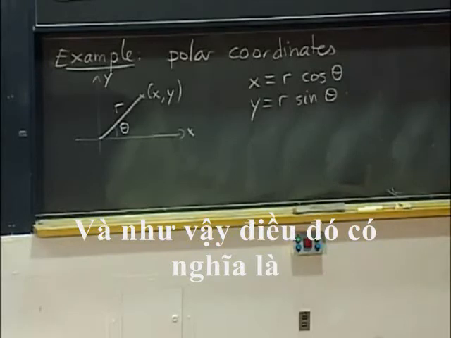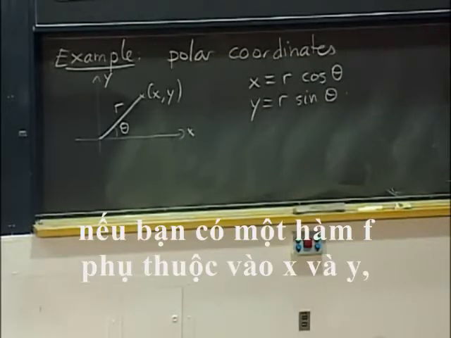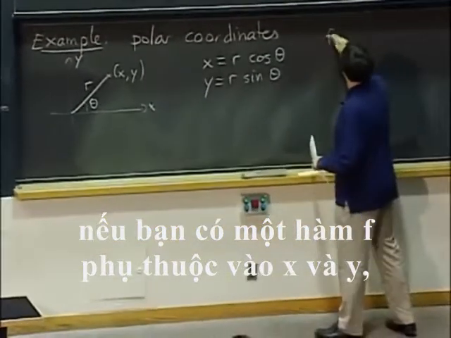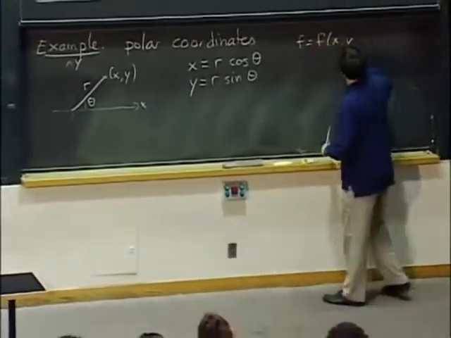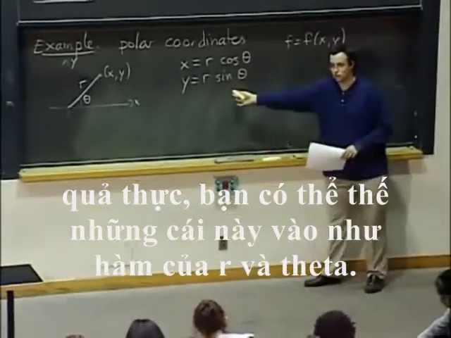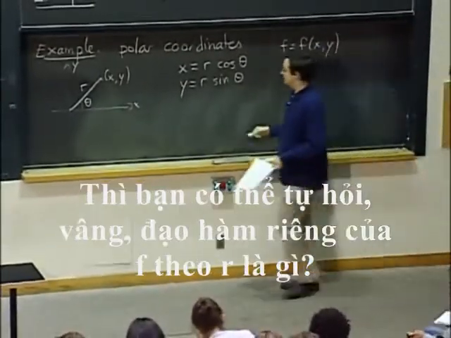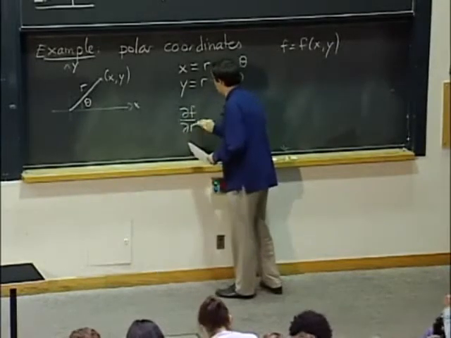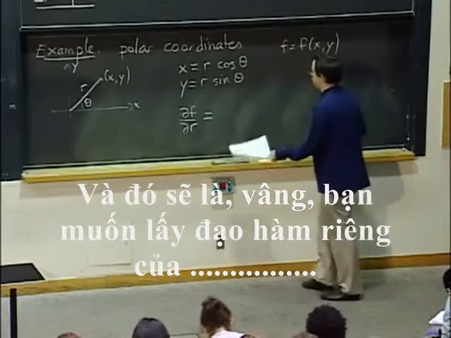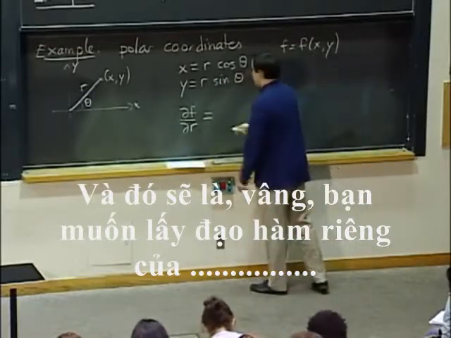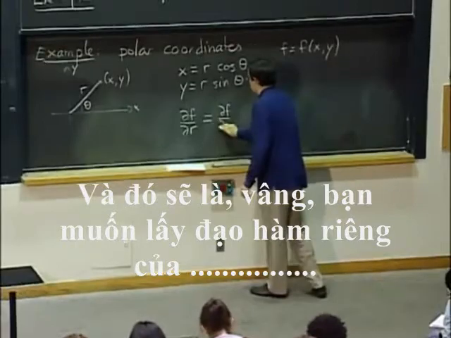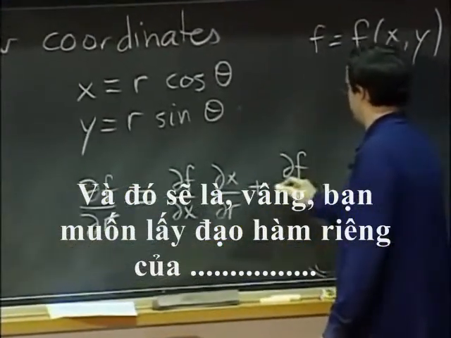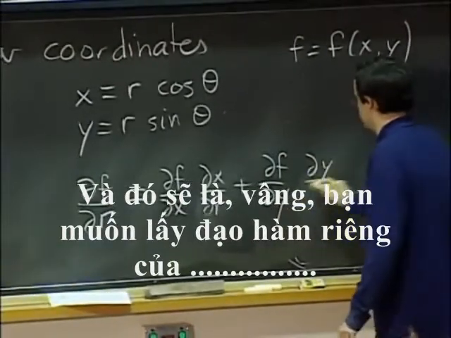And so that means, if you have a function f that depends on x and y, then in fact you can plug these in and get a function of r and theta. And then you can ask yourself, what is partial f over partial r? And that's going to be partial f, partial x, partial r, plus partial f, partial y, partial r.